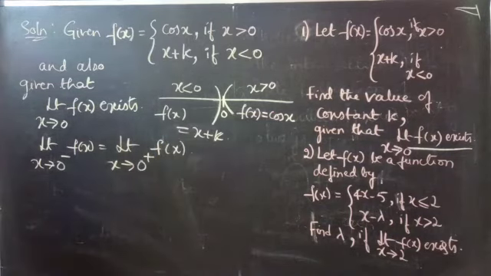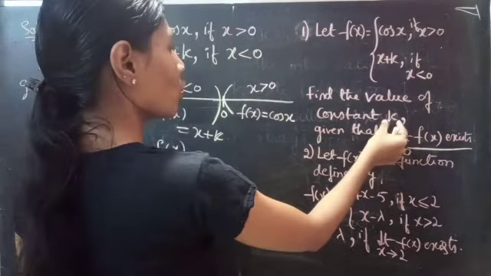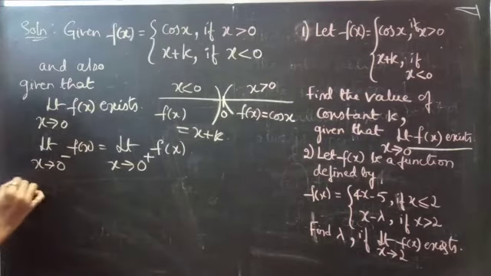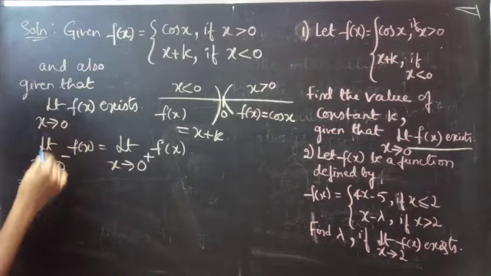Okay. So using this condition, we have to find the value of the constant k. So this implies limit x tends to 0 minus.